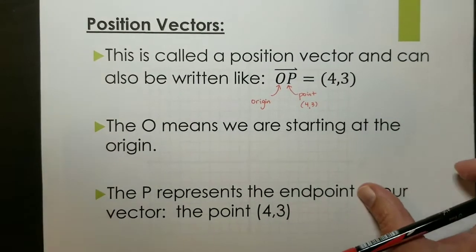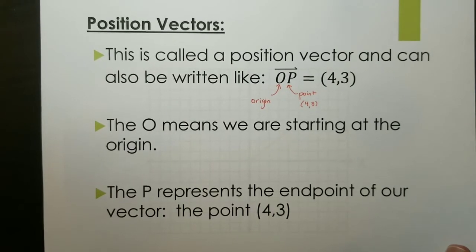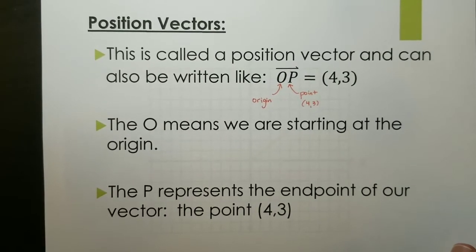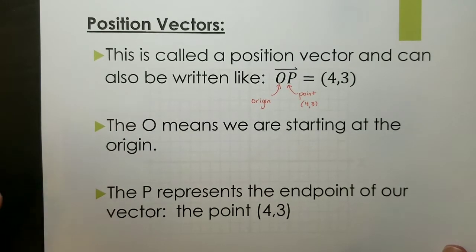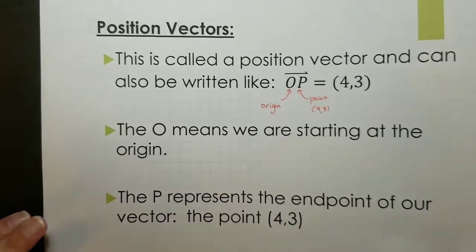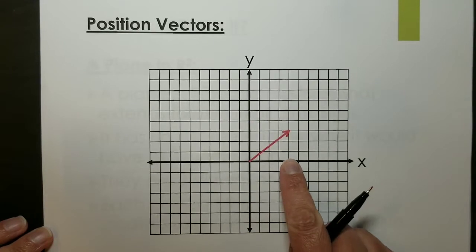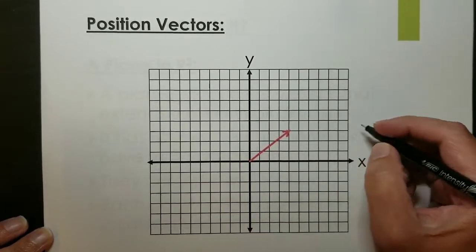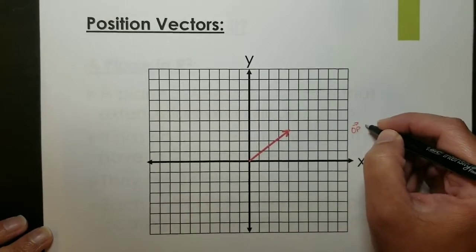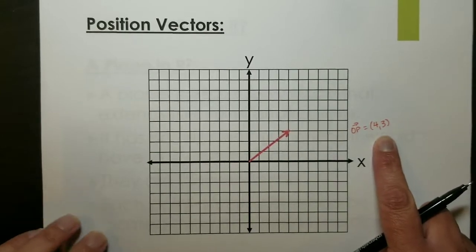So if you have a vector in algebraic form and you've written it as the coordinate there, and you wanted to write it with 2 letters describing the vector, you'd always have an O first for the origin. And this is just a diagram. Obviously, we've gone to the point 4, 3, and we're starting at the origin. So that's vector OP, which is given by 4, 3.